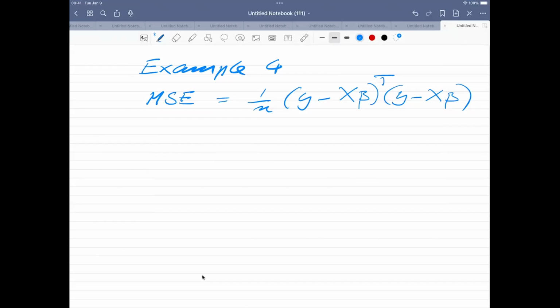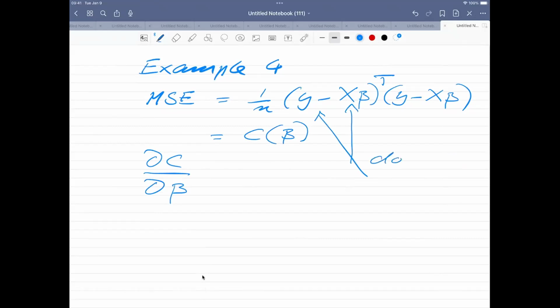And in that case, we call this function the cost function of beta. And what we want then is the derivative of that quantity. And there is an important assumption then that these two quantities here, y and X, do not depend on beta.